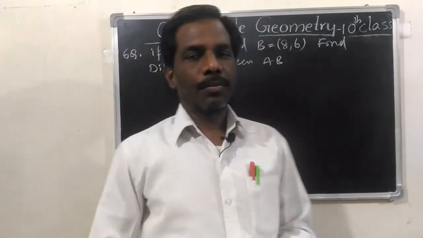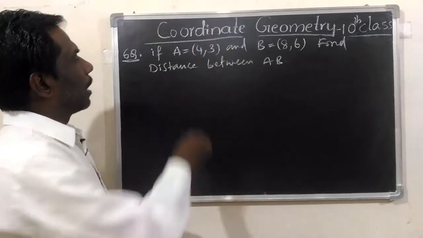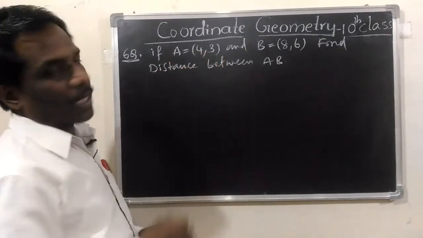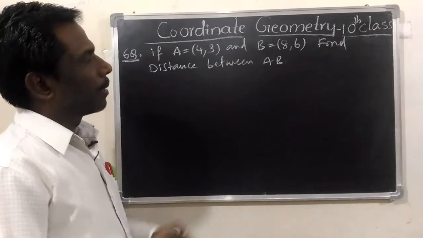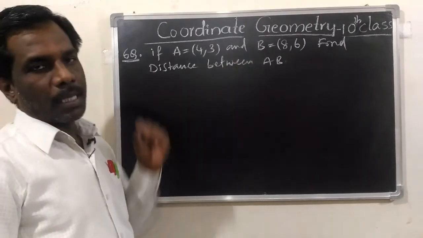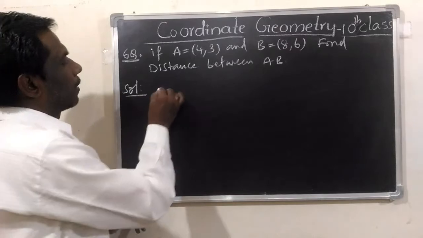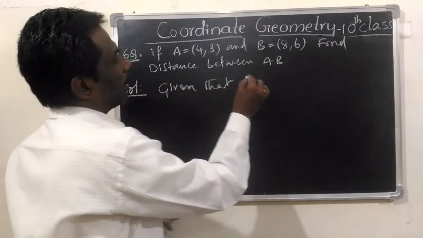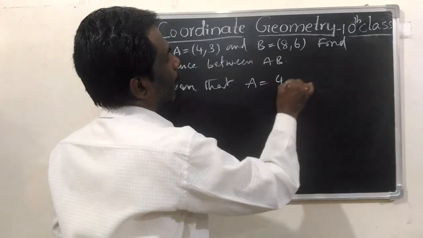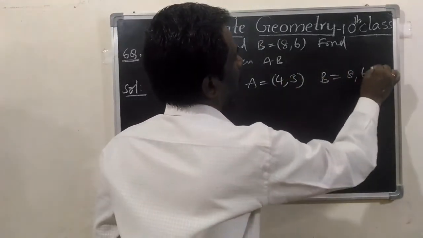Now we have one more question. That is the sixth question. If A equals (4, 3) and B equals (8, 6), find the distance between AB. Let us solve it. Given that A is (4, 3) and B is (8, 6).